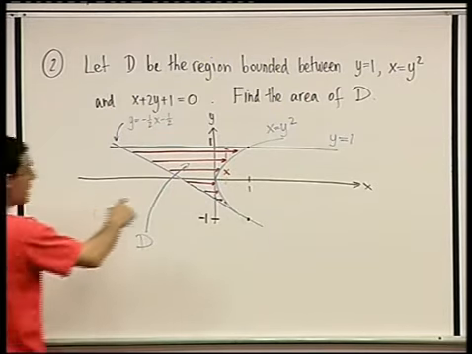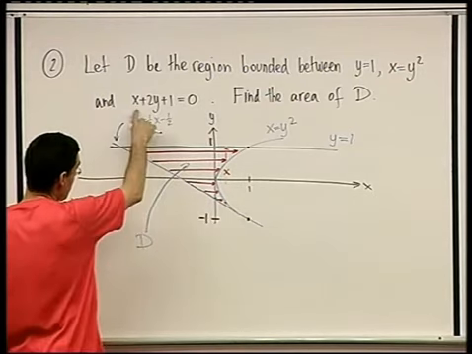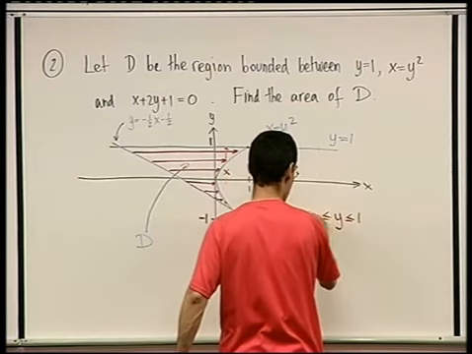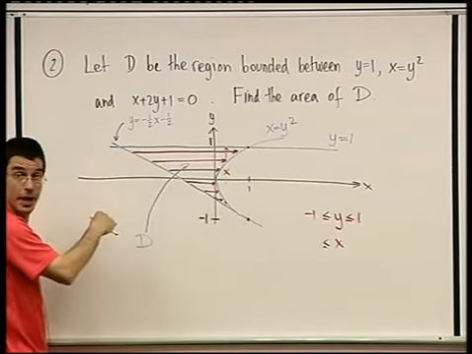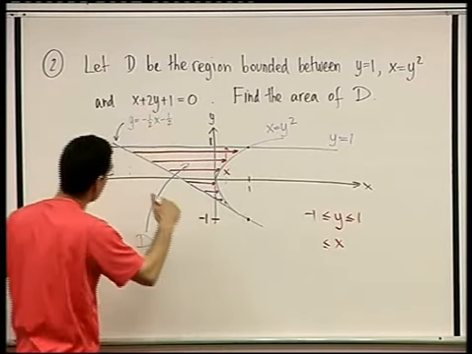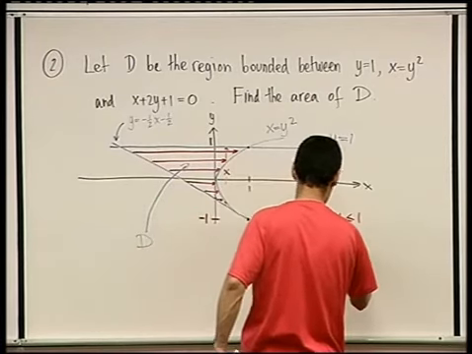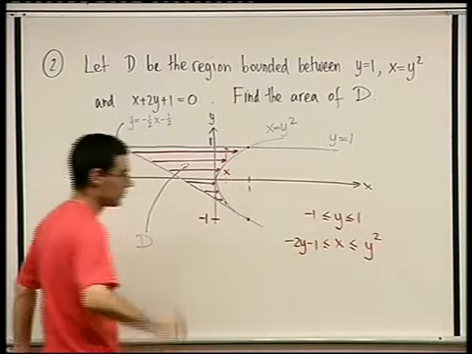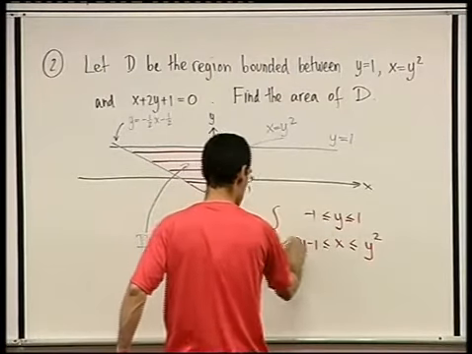So for each fixed y between -1 and 1, the x's range between the bottom function, x equals minus 2y minus 1, and the top function, x equals y squared. Do you agree? Okay, so this is a simple domain.